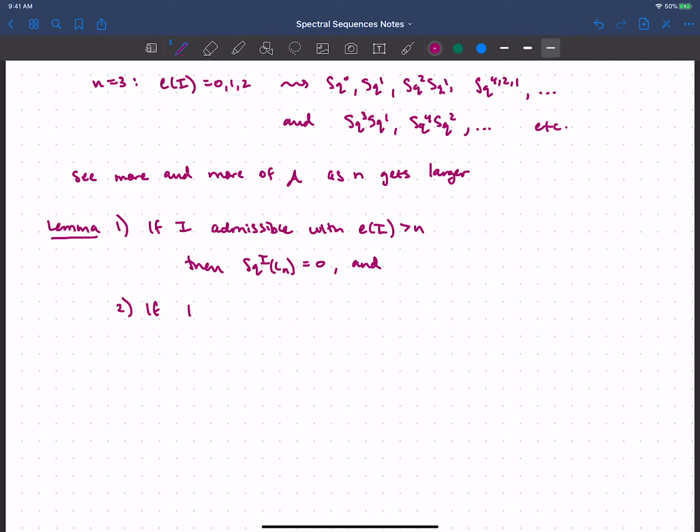Well, if I, again, is admissible, and now with excess equal to n, the whole point is that we can rewrite it as something else. So we look at square I on iota n, and what we should do is recognize that really this is square j on iota n raised to a power 2 to the k.